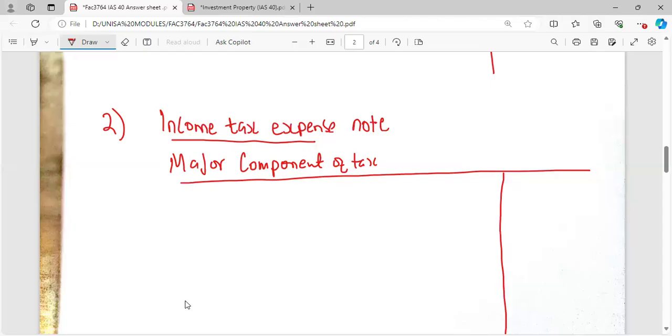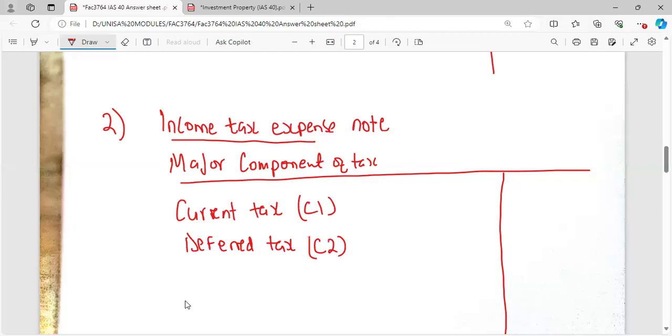Which means we should add current tax, you can calculate it on C1, and deferred tax, you can calculate it on your C2. So this will give you the major components of tax.